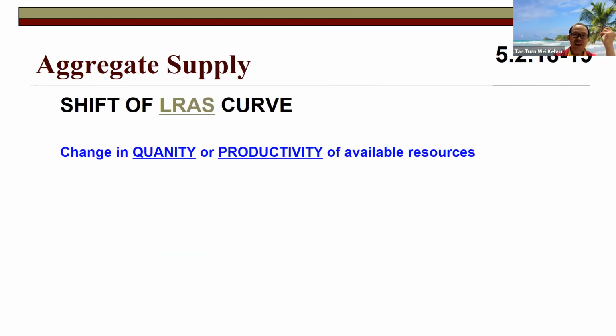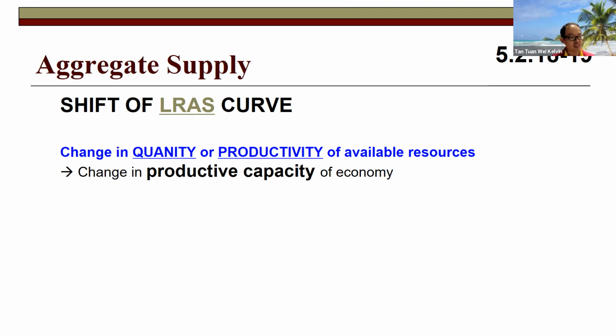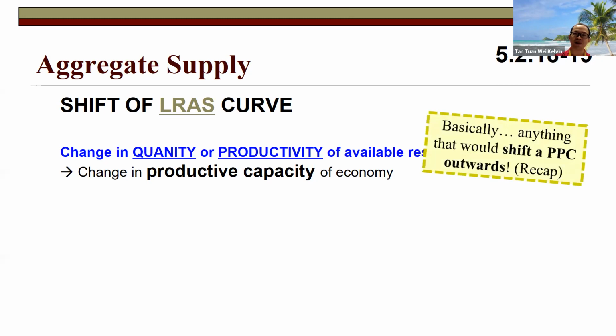Basically I have about two minutes left, so you can read through the page in 5.2.118. There are many ways in which the quantity and the quality of the factors of production will change. As you read on, take note that the government can adjust either the quality or quantity. All these will cause the long run aggregate supply to shift to the right.